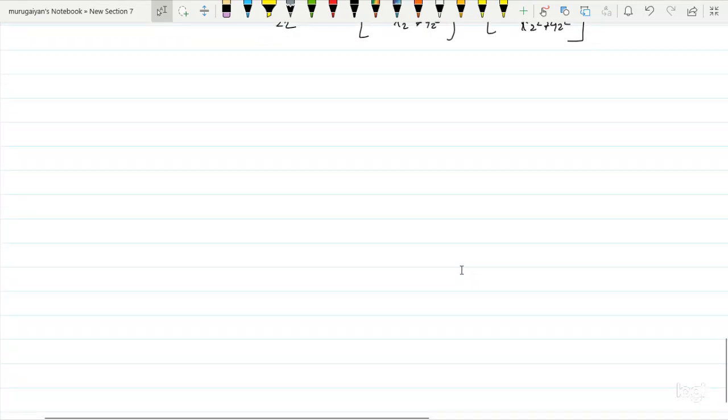We'll discuss one example. Let us try to write the standard form of (3 plus i) by (2 minus i). In order to write it in standard form, that is, separating the real and imaginary parts, let us follow the rationalization process.